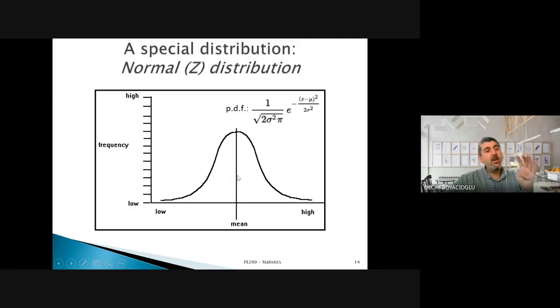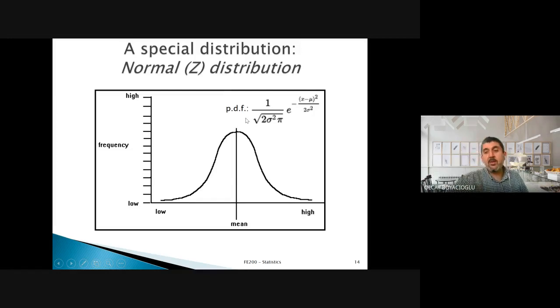The mean, median, and the mode would be the same number in normal distribution. And it is symmetrical around the mean. And its probability density formula is written with this simple formula, guys. Very simple formula.